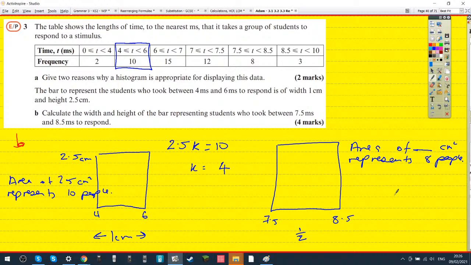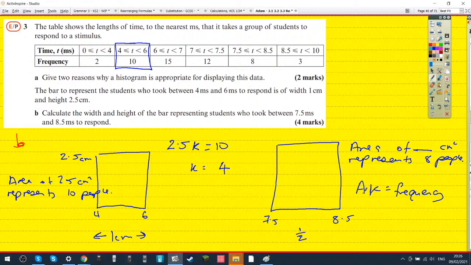Would you need to do a half times 8? No. So it's basically area times something equals frequency. Area times constant of proportionality equals frequency.